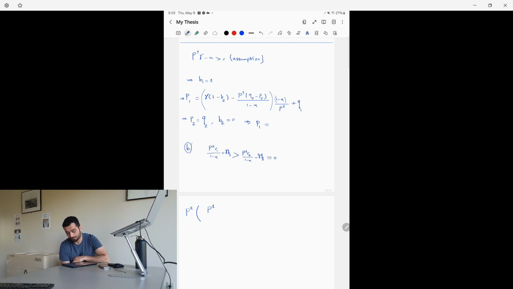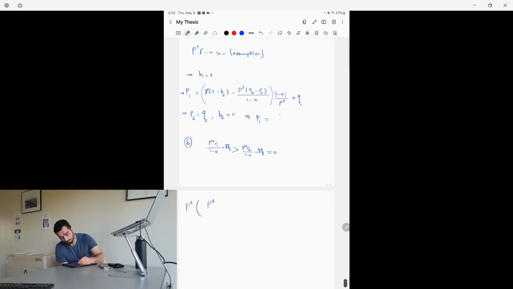B2 is 0, so it will be gamma, 1 minus alpha. You cannot set it like that. That doesn't make sense.